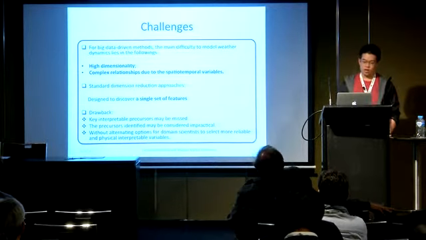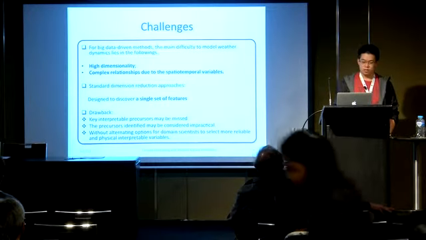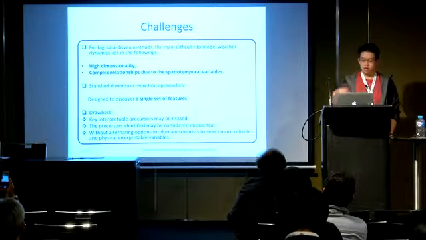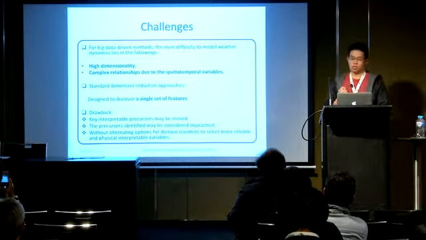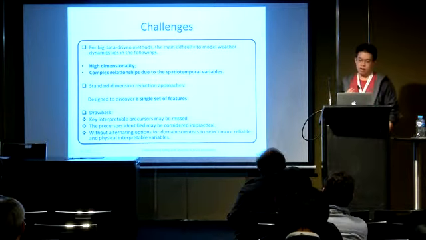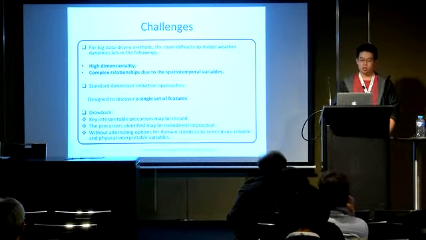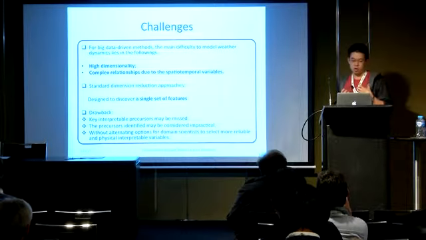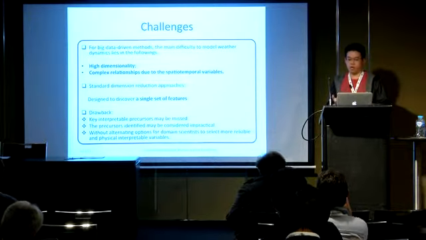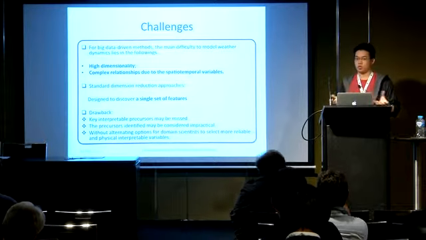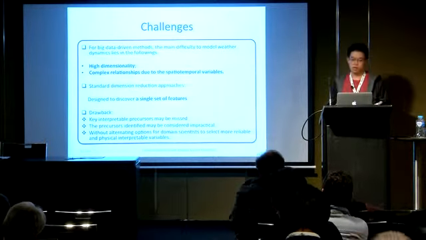For big data-driven methods, the main difficulty in modeling weather dynamics is a couple of problems. There's high dimensionality of data and very complex relationships between different features related to weather patterns. One way we can tackle this is to use dimension reduction to find a set of features that are most predictive for tornadoes.